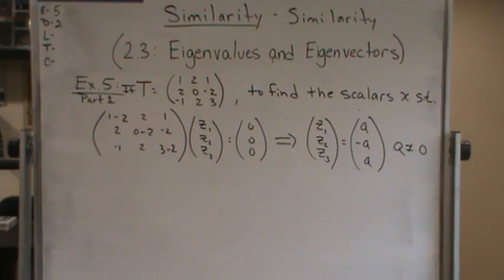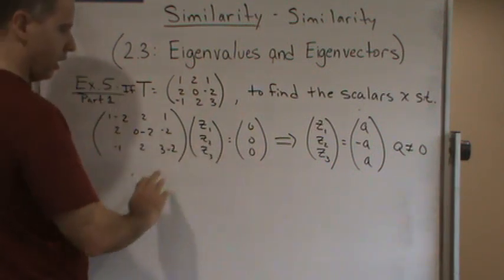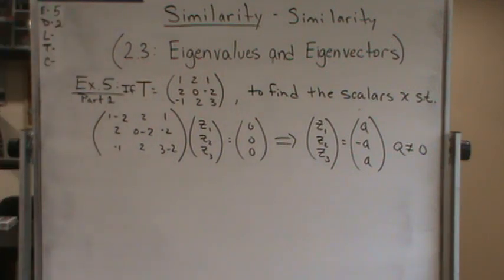Again, we're going to get another system that we'll solve, and then we'll get another associated eigenvector. And so what we get is this.